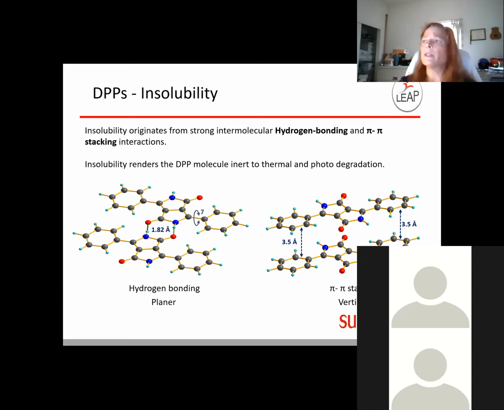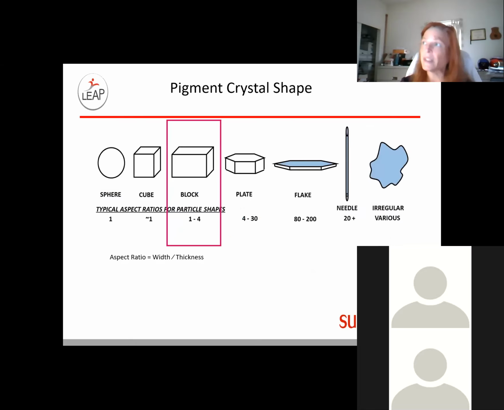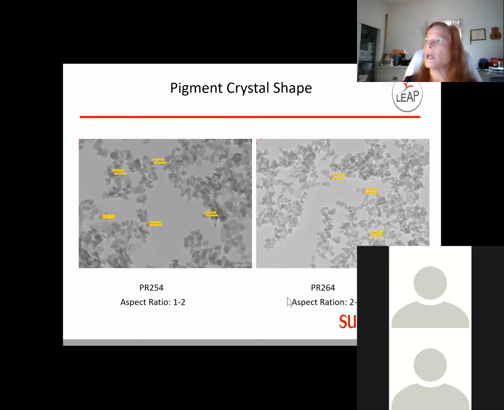And that insolubility then translates to provide the thermal and photo degradation resistance in these types of chemistries. And now we've seen this slide before. We all talk about crystal shapes, and the DPP chemistry typically falls into the block type of shapes with aspect ratios in the 1:4 range for this particular type of chemistry.